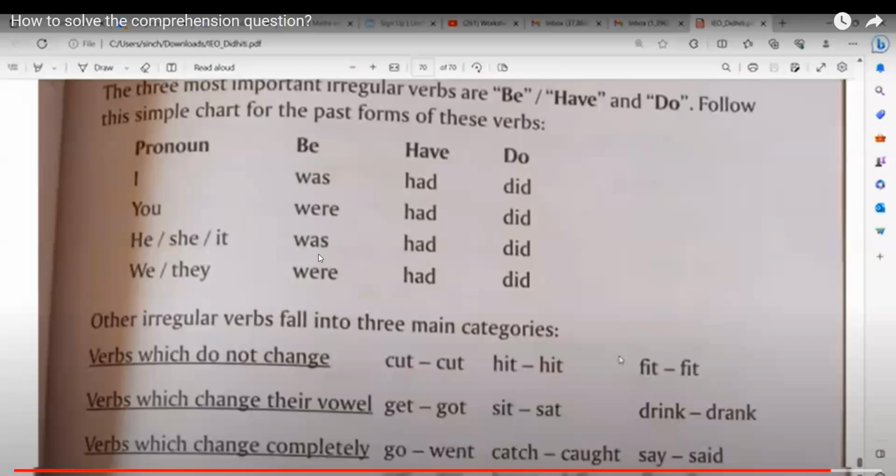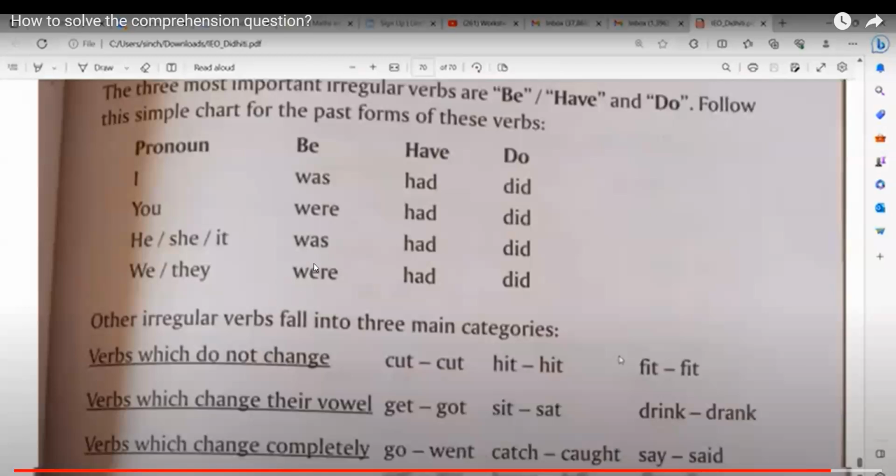That's why we were enjoying with our friends. Very good. It was a sunny day and we were enjoying with our friends on the beach.